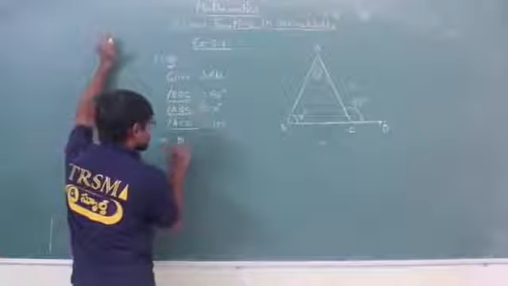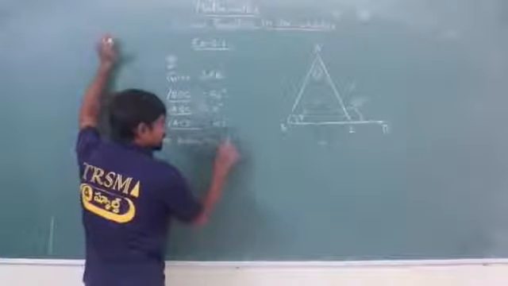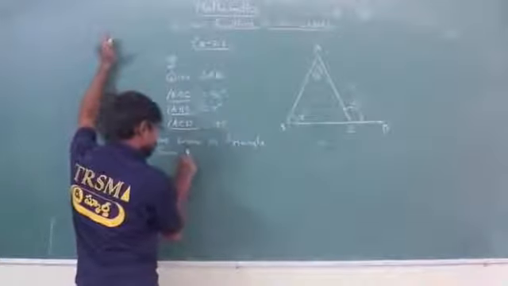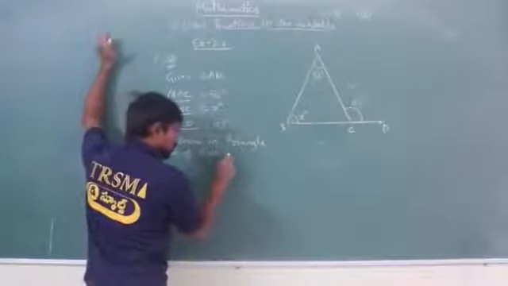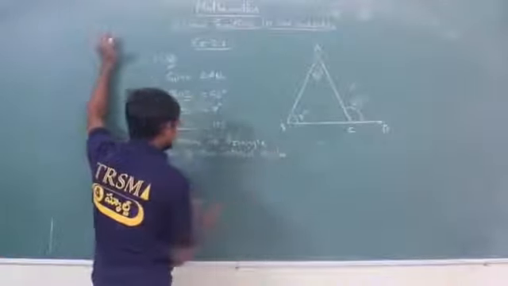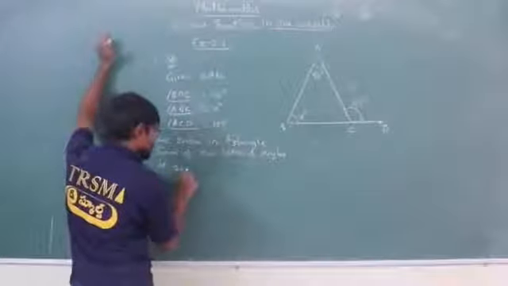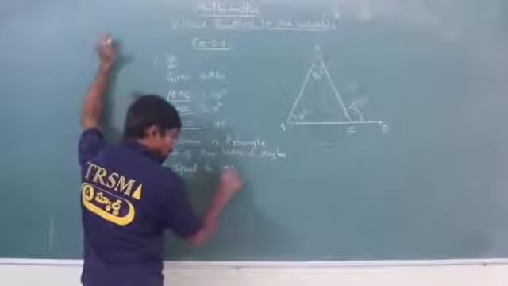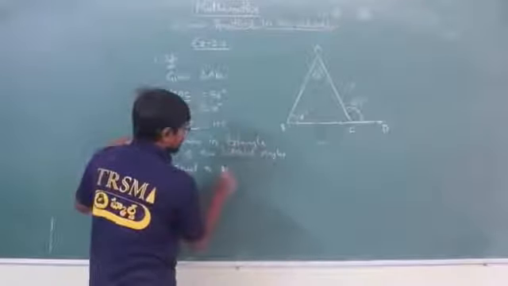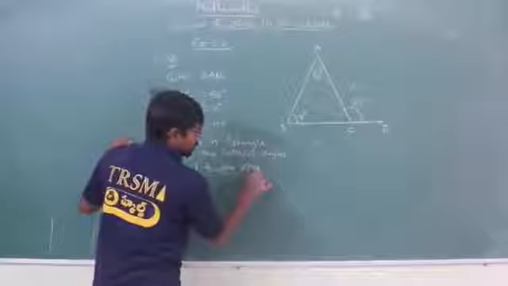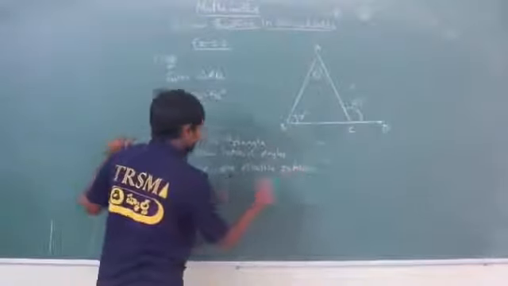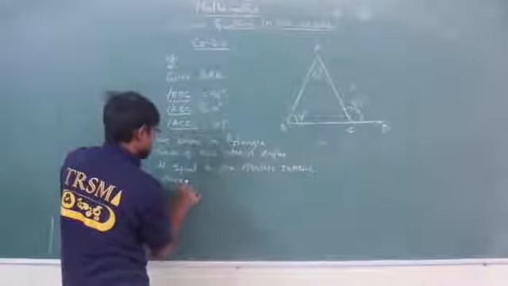So we know, in a triangle, the sum of two interior angles is equal to the opposite exterior angle, isn't it?